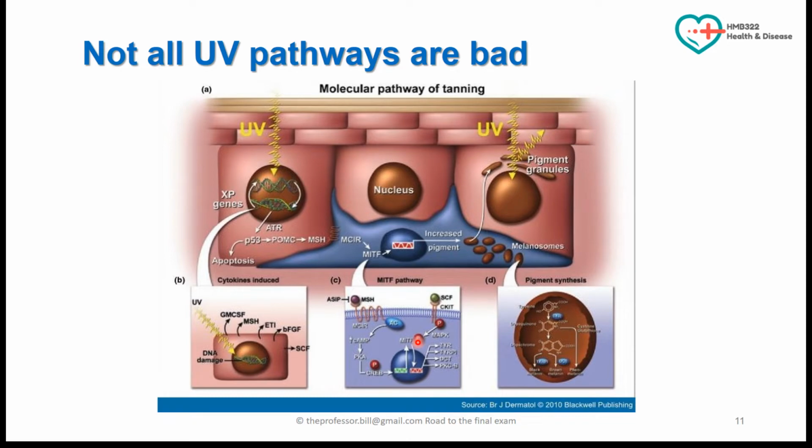And in fact, if you look at the other factor that gets released from these basal keratinocytes, which is that stem cell factor, on the right, shown as that little green ball, also being released by the keratinocytes after exposure to UV.